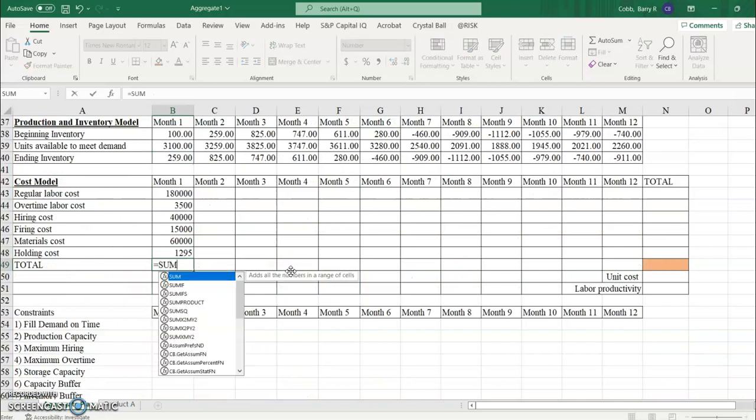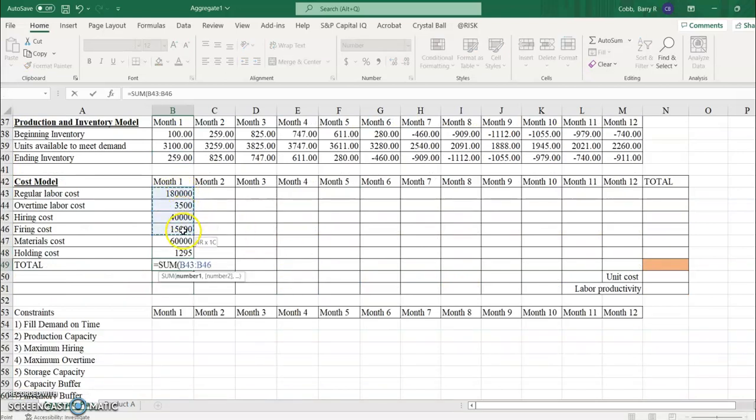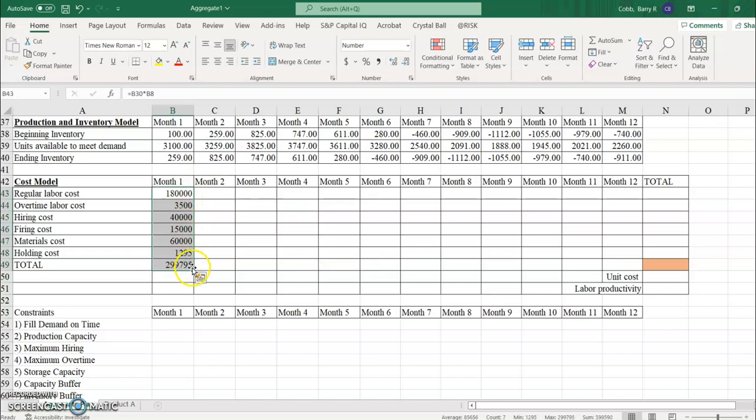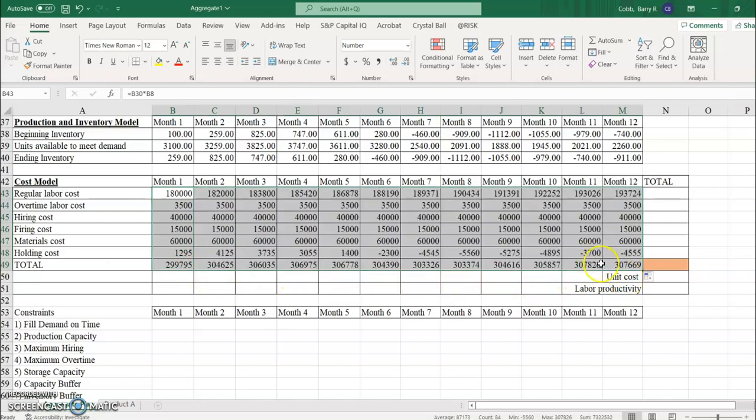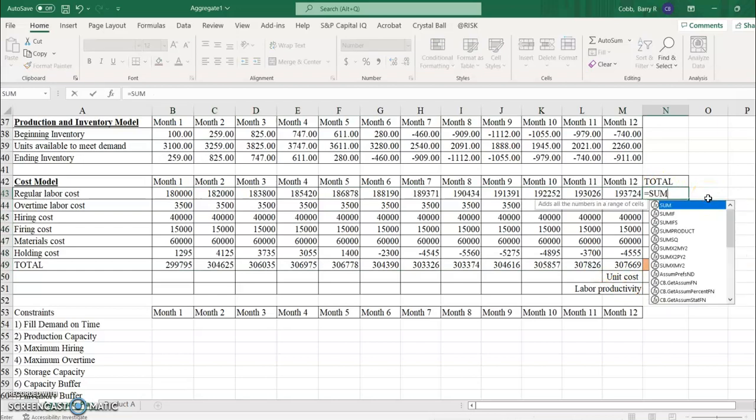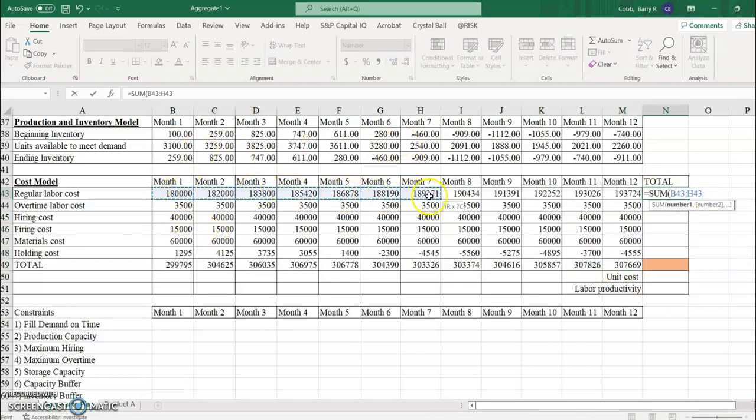Now we'll go ahead and sum up these costs for the first month. And with these monthly costs summed, we can go ahead and copy this all the way across to month 12. In month 12, we'll go ahead and enter formulas that sum up each type of cost for the entire year.